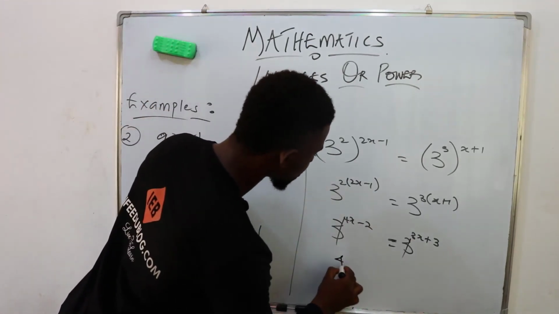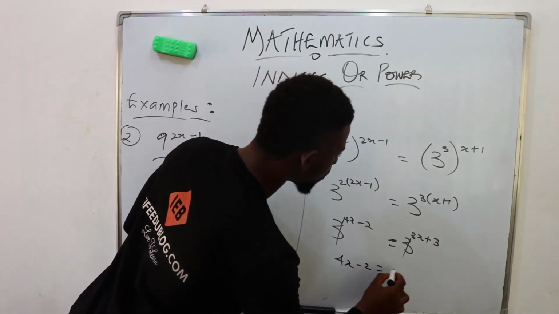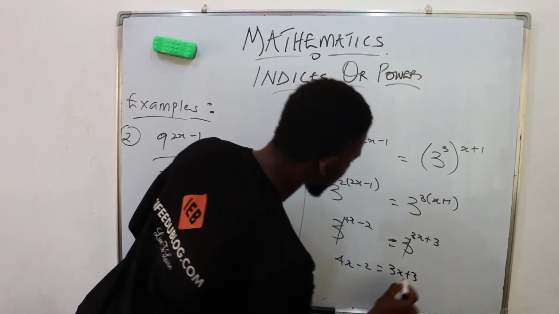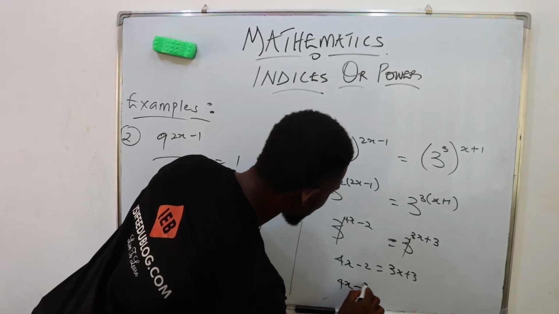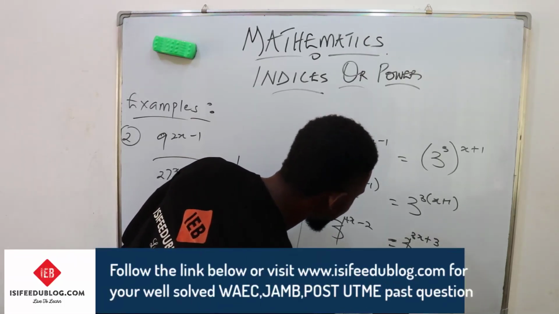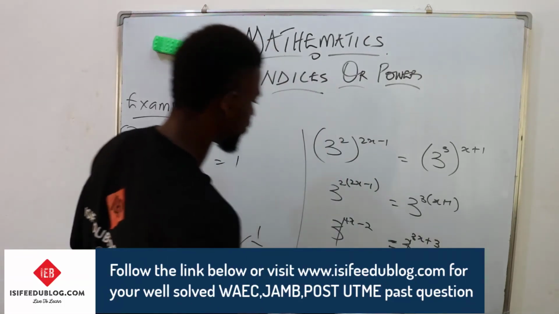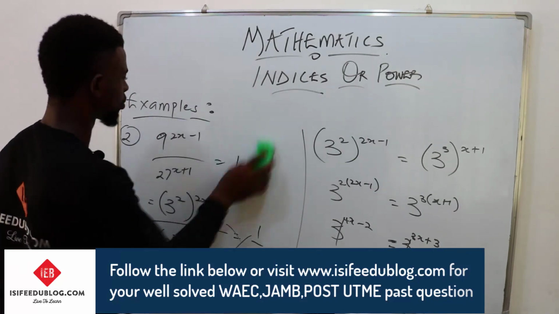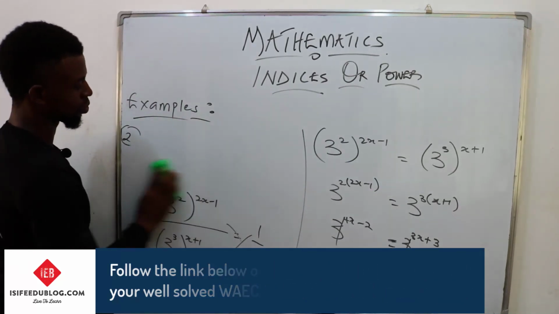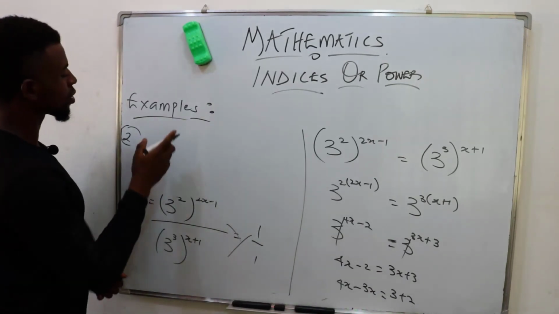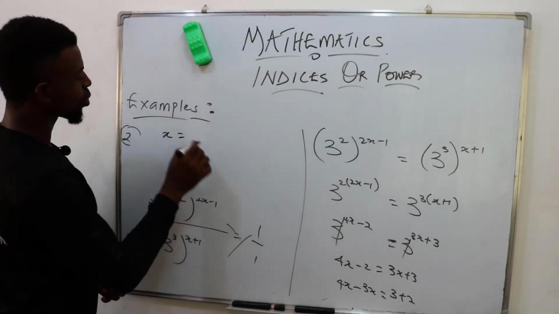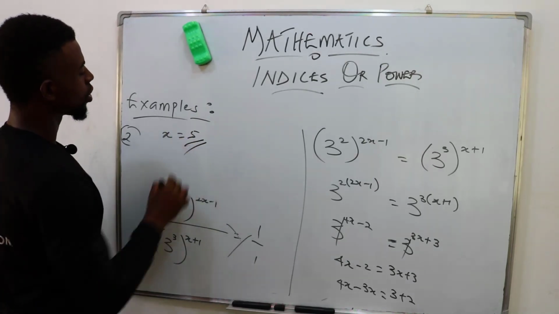So I'll have 4x minus 2 being equal to 3x plus 3. So I'll collect like terms. So I have 4x minus 3x equal to 3 plus 2. So 4x minus 3x will give us x. So I have that x is equal to 3 plus 2, which equals 5.